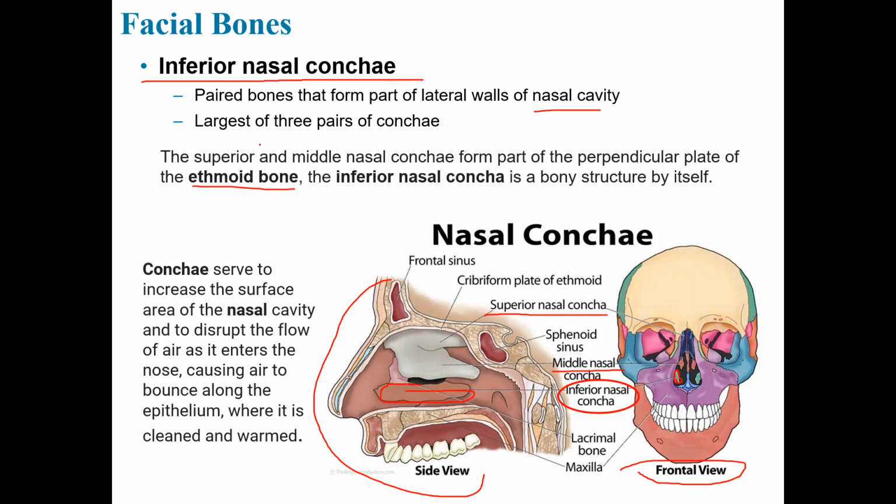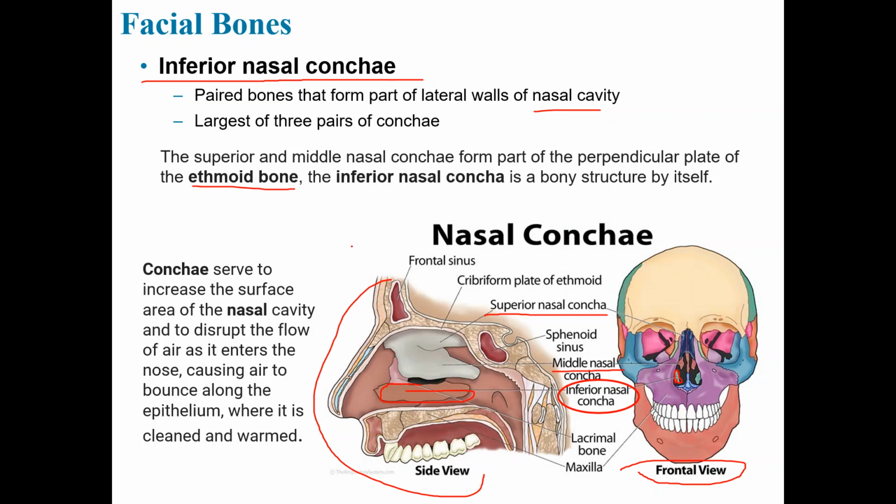And generally speaking, the conchi serve to increase the surface area of the nasal cavity and pretty much to disrupt the flow of air as it enters in the nose, causing it to bounce along all the epithelium, and this disruption is important in order for the air itself to be cleaned up and also warmed up.